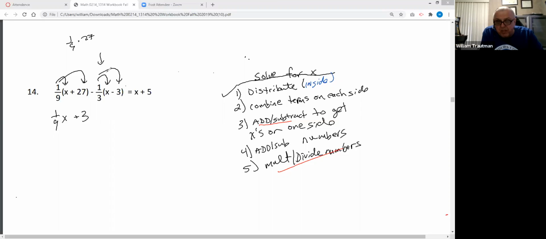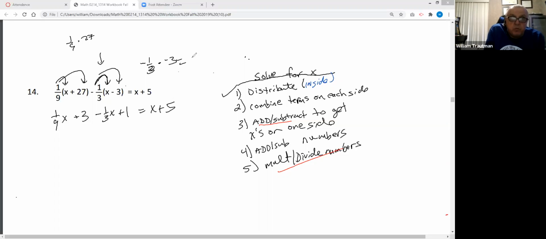Negative 1/3 times. Yeah, some people will say you're distributing 1/3, but you're distributing negative 1/3. I want to make sure everybody understands we're distributing the sign and the number. Negative 1/3 times x is negative 1/3 x. Negative 1/3 times a negative 3 is a positive 1.